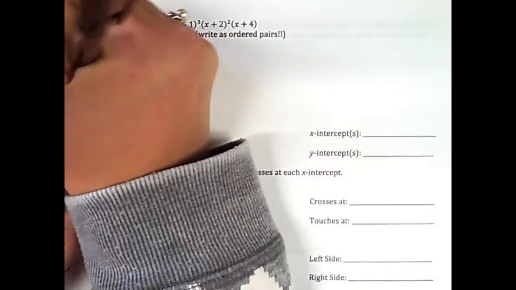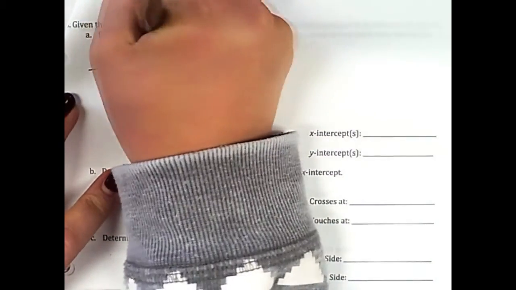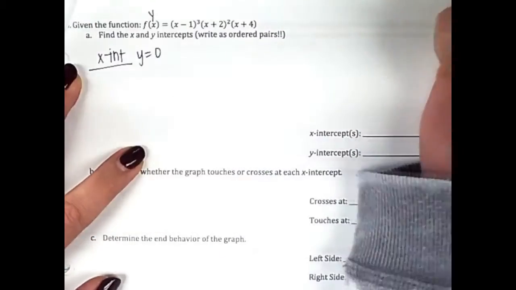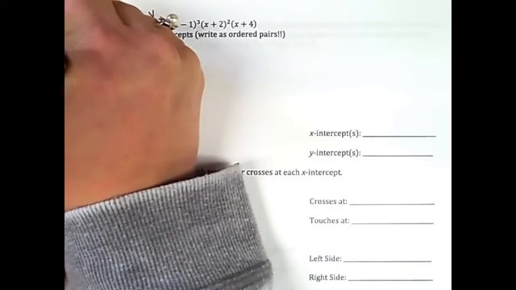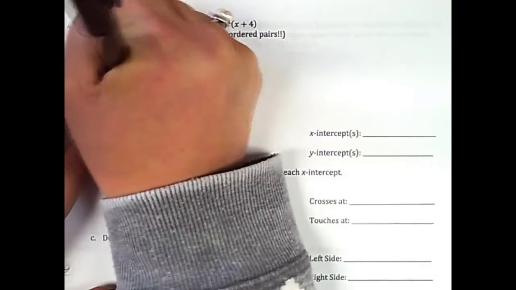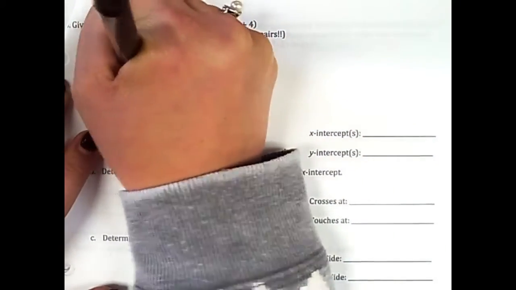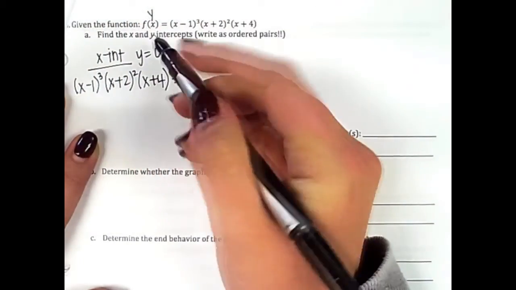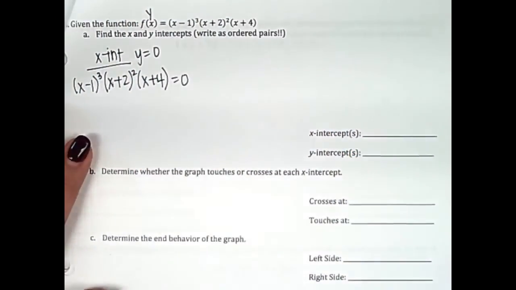So that means, remember, our x-intercepts are where y is equal to 0. And y is always the same as f of x. So that means I'm going to set my whole function, x minus 1 cubed, x plus 2 squared, and x plus 4, equal to 0 because I'm going to set y equal to 0.